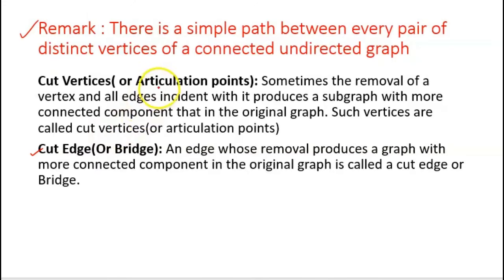A cut vertex is also known as an articulation point. First let us look at the definition, and then I will take an example. Sometimes the removal of a vertex and all edges incident with it produces a subgraph with more connected components than in the original graph. I repeat: when I remove a vertex, we don't only remove the vertex, we also remove all the edges incident on that vertex.